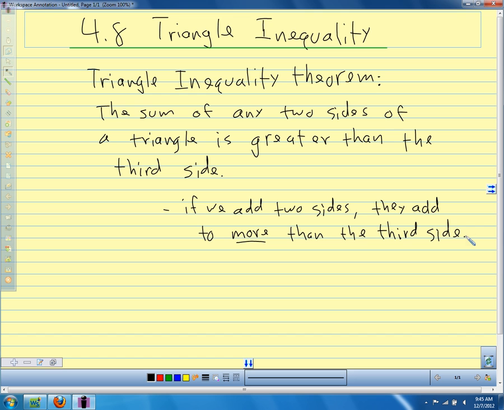So for any triangle, if we add any two of the sides, the number that we get has to be bigger than the third side. If this is not true, we don't have a triangle.